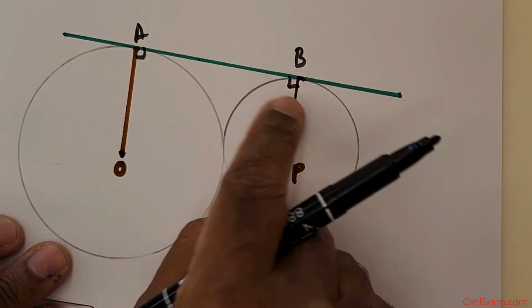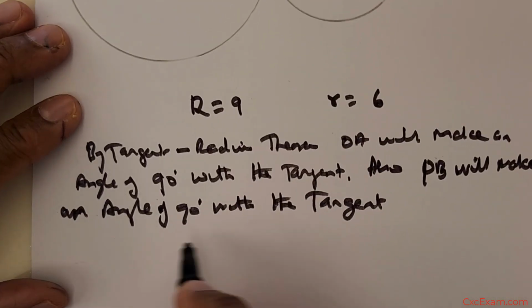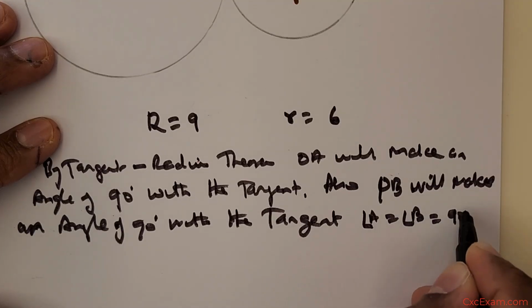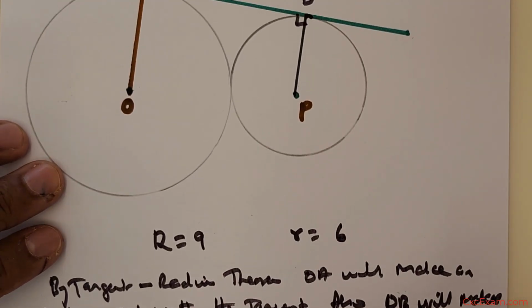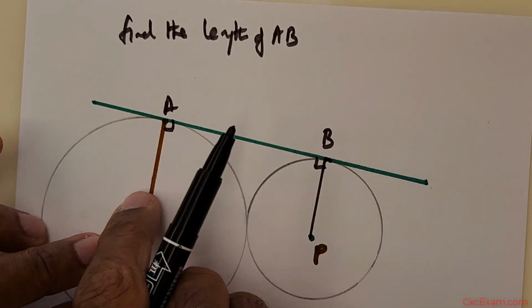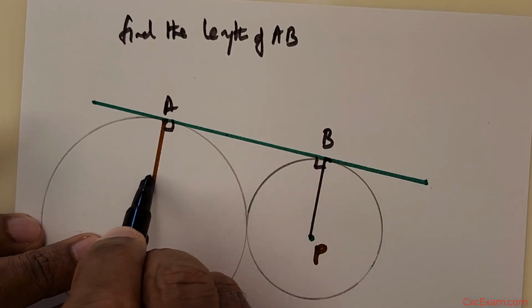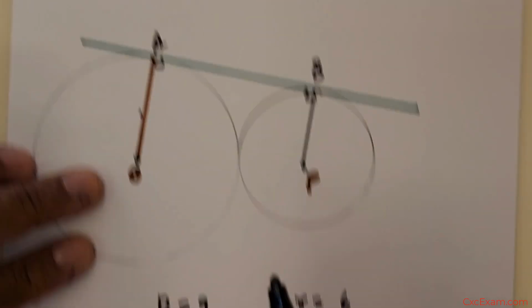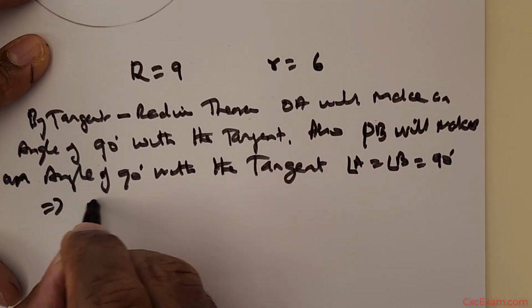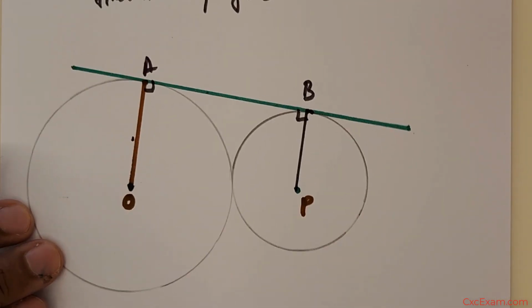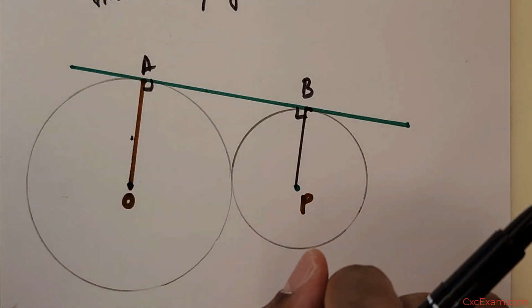Now, both these angles, angle at A is equal to angle at B is equal to 90 degrees. Okay, so that means these two lines are going to be parallel lines. So this in turn means OA is parallel to PB. So that is just an observation.